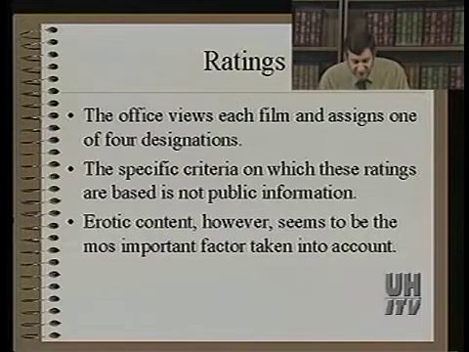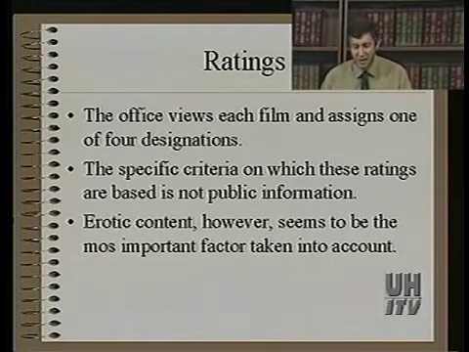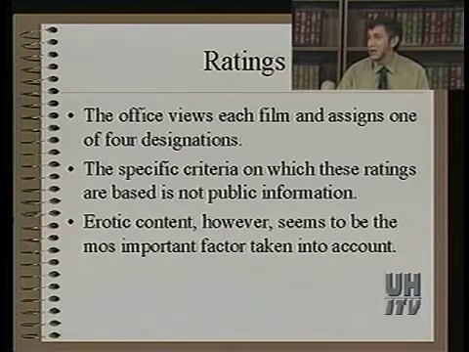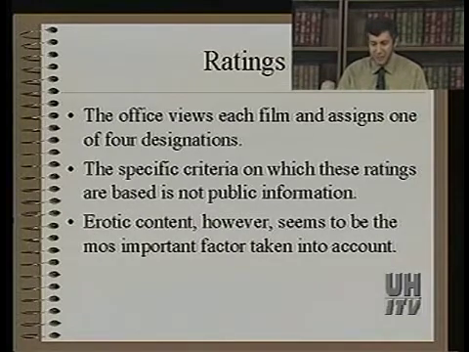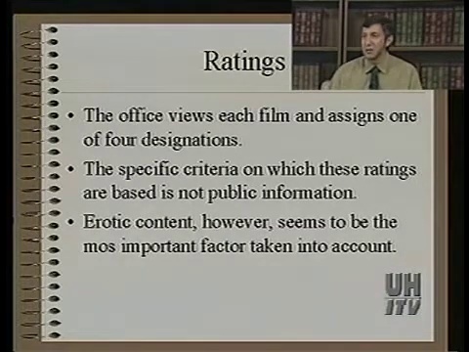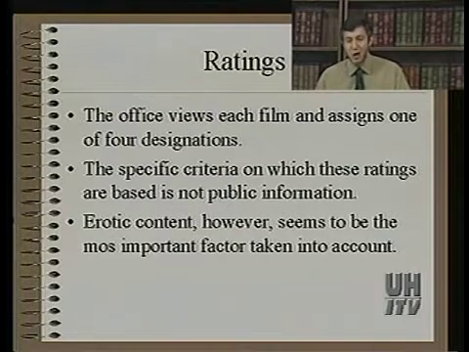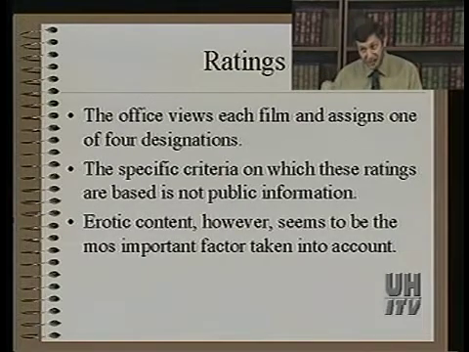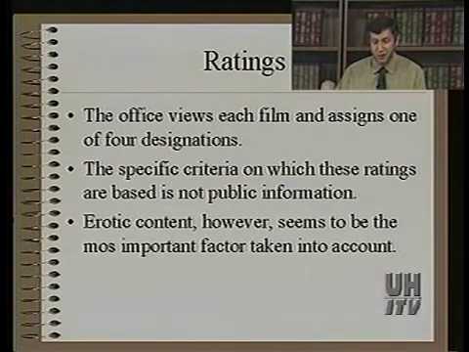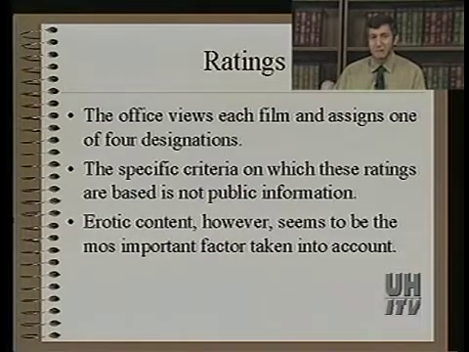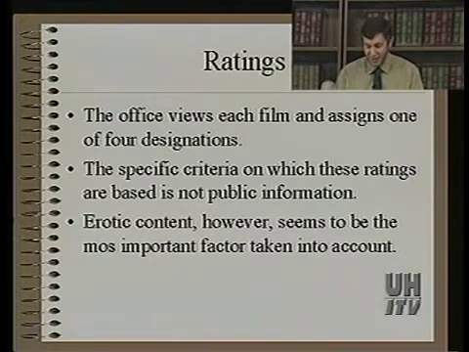Now, the specific criteria on which these ratings are based is not public information. But it does seem clear that erotic content, far more than violence, is the most important factor taken into account.